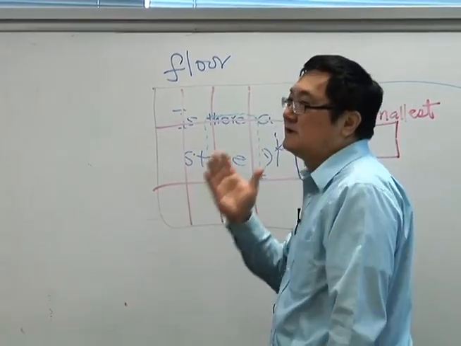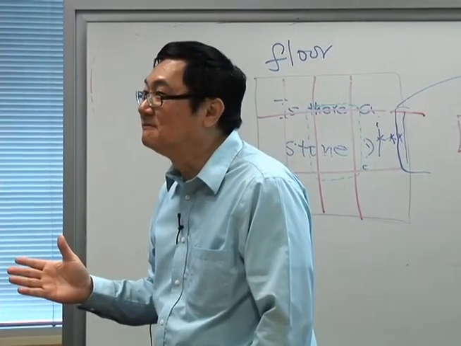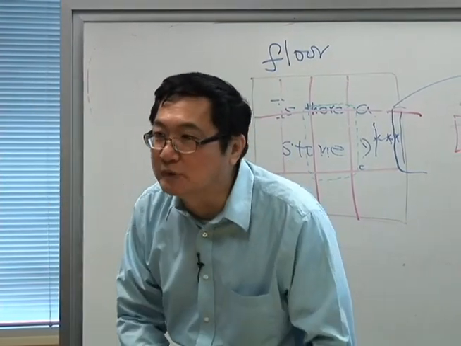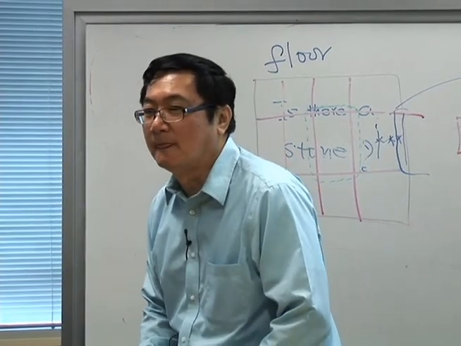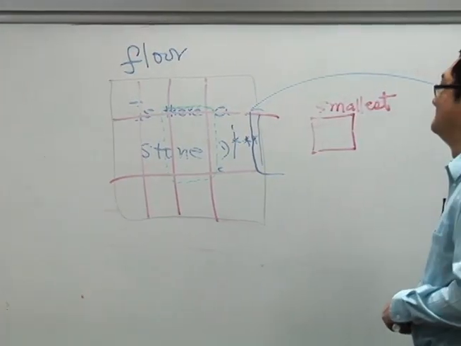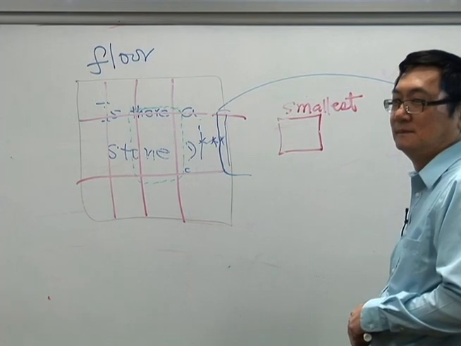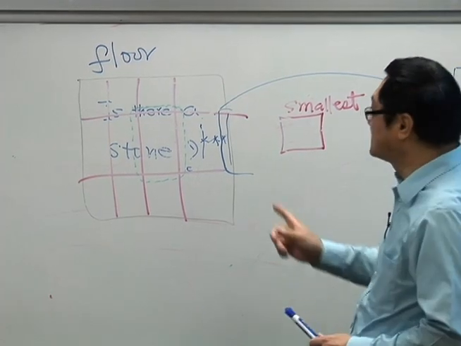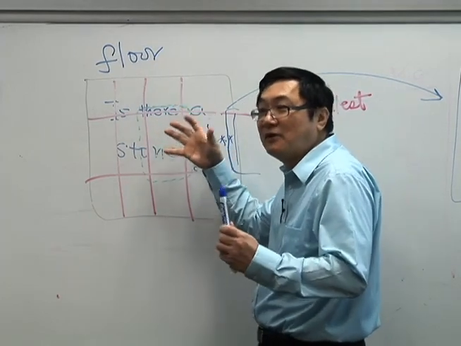If I observe no stone, then can I conclude that there is no stone on the floor? In this case, yes, because the cell is a little bit smaller than the size of the smallest stone.